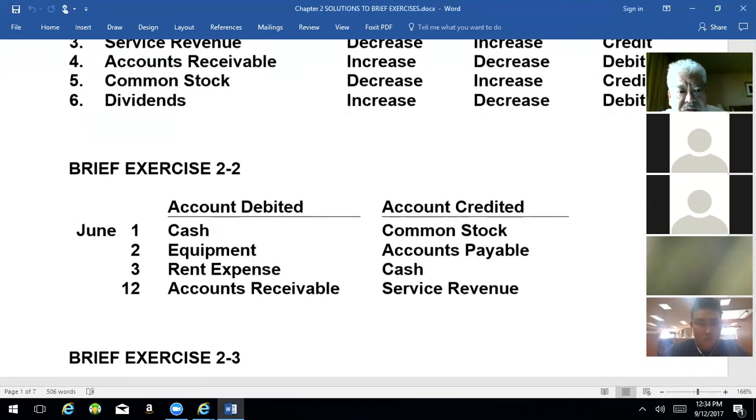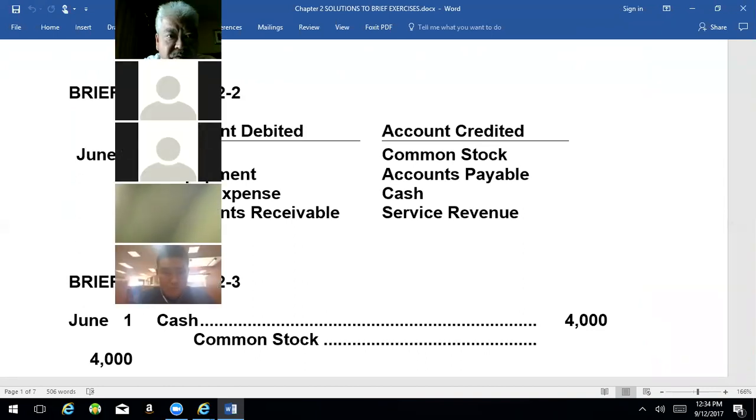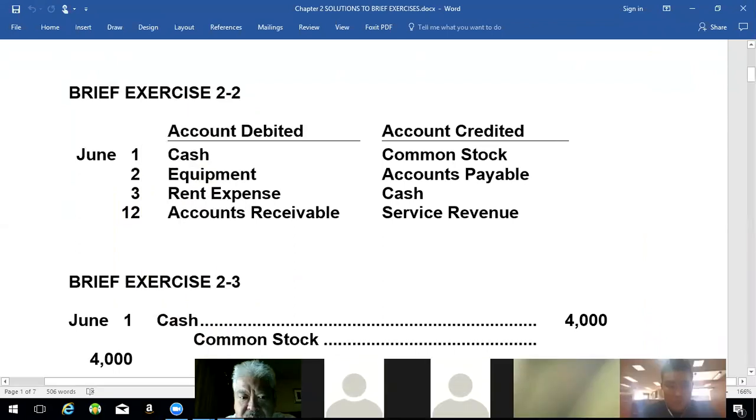Now, the second exercise was to start to journalize these entries, and this is going to prove for some of you to be the most difficult aspect of the work that you're doing. As you see there, we have these accounts, and then we have numbered them basically by the date.